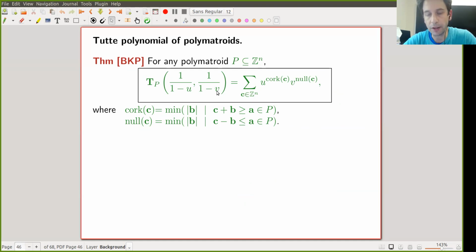The Tutte polynomial of your polymatroid can be defined as the sum over all points of Z^n of u to the corank times v to the nullity, where the corank is again how much you need to add in order to contain a basis, and the nullity is how much you need to subtract in order to be contained in a basis. So you have a very natural extension, except now you are summing over Z^n, and therefore you get a series, and you have to interpret these as series in u and v.